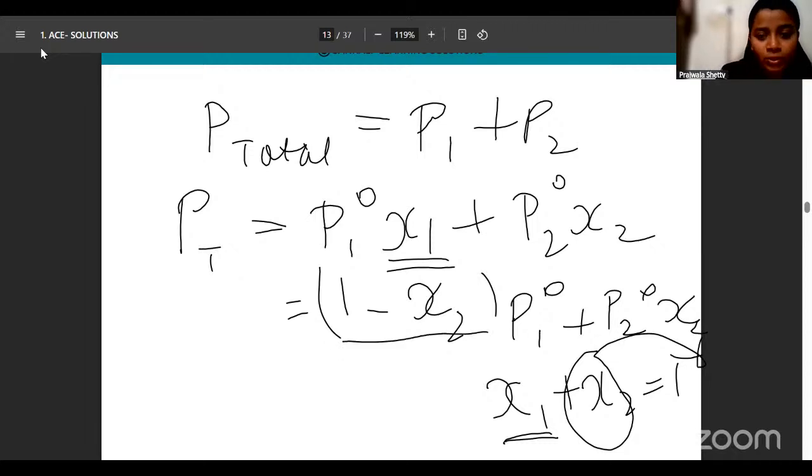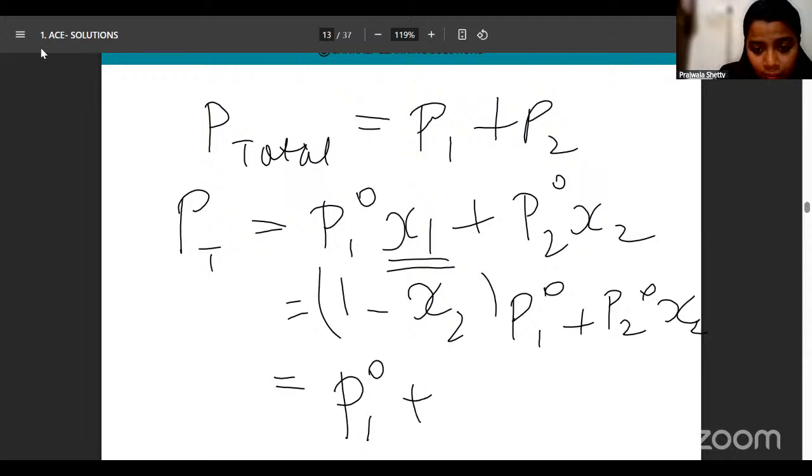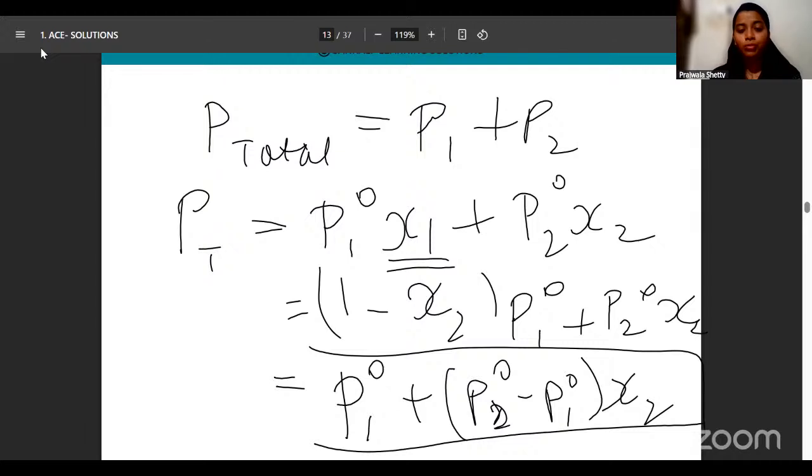So the final equation would be P1 naught plus (P2 naught minus P1 naught) into X2. This is the final equation for Raoult's law with Dalton's. Let me show you that.